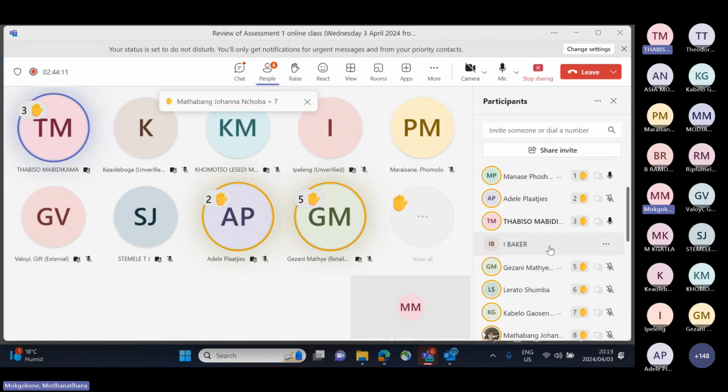The next question is about the adjustment of the general ledger, and whether that is going to be part of this assessment too. Is it study unit 6? Tabiso, are you talking about study unit 6?